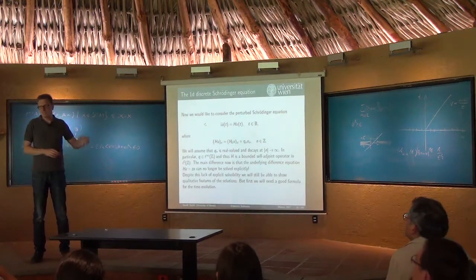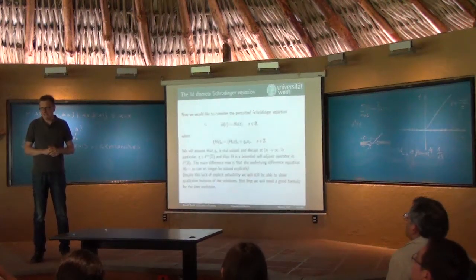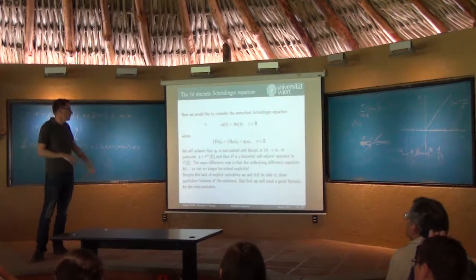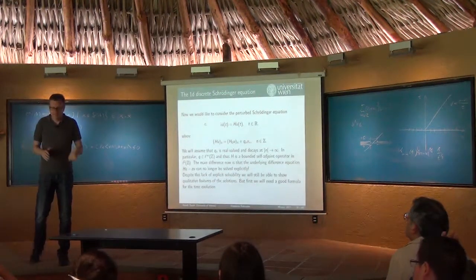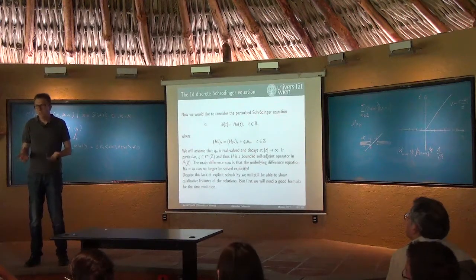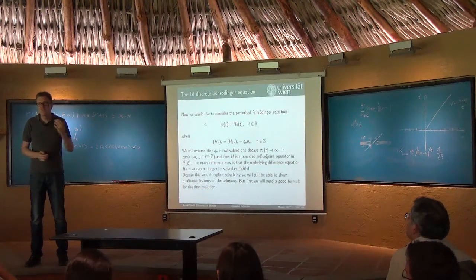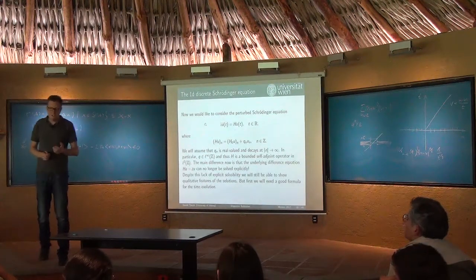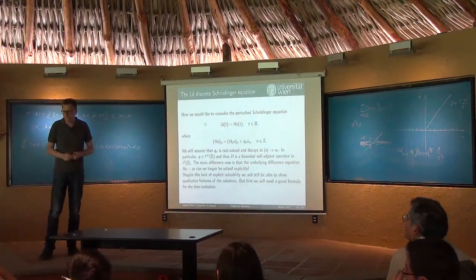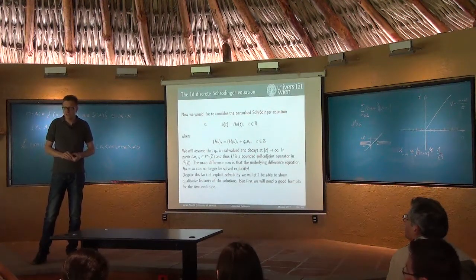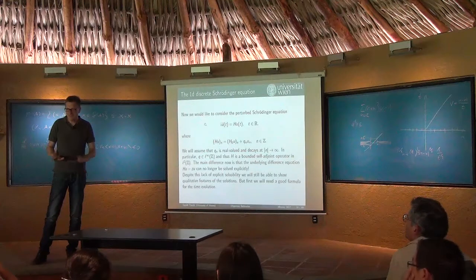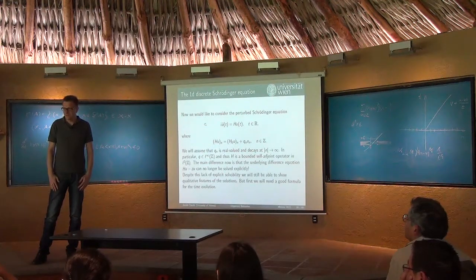This is something you can prove using these techniques right here. And even more, we will see in the discrete case that proving existence of solutions is not a problem. In the continuous case, even proving existence for such a nonlinear PDE is a problem, and there you already need these dispersive decay estimates in order to prove existence of solutions. But we're going to have more on this in the following lectures, so I don't want to say more at this point.